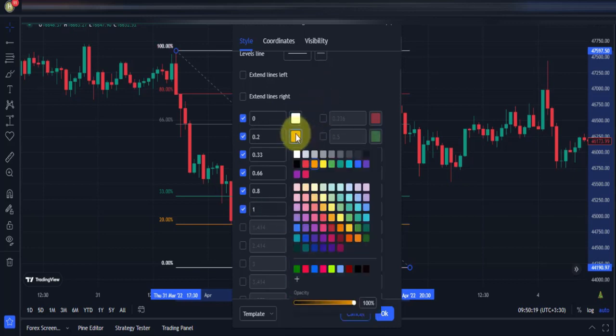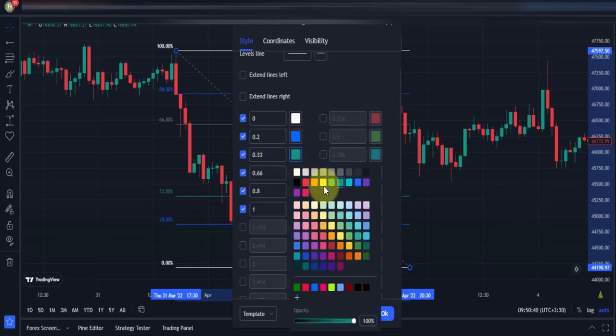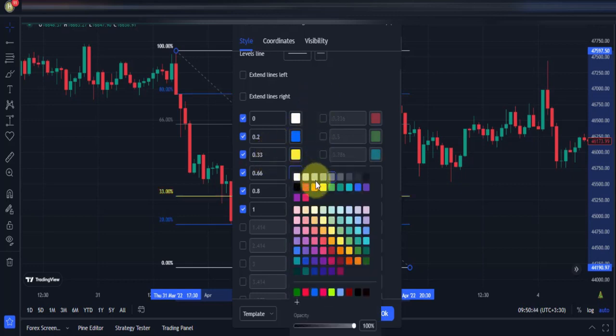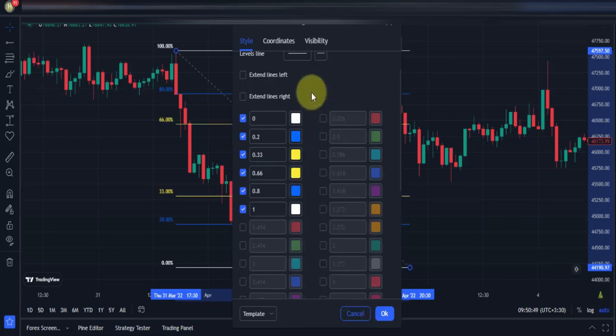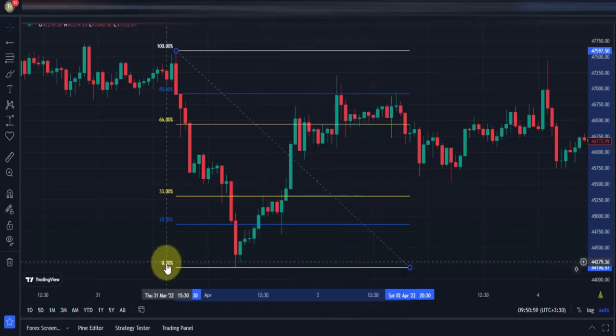Now it's time to change the color of 20% and 80% to blue. Then the color of 33 and 66% should be changed to yellow. And at the end, enable the extended lines right. Now we're done with the Fibonacci retracement settings, and these are our special settings for this strategy.